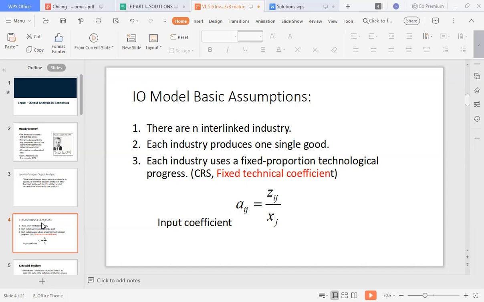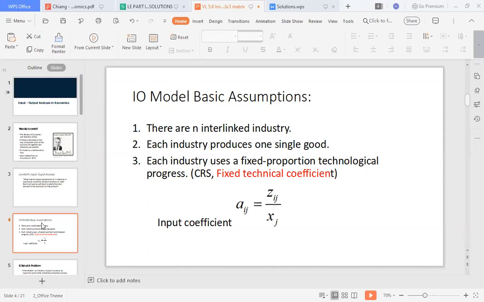But then again, we also acknowledge that in real data, we have subsectors, and each subsector would also produce a number of commodities. Which brings us to the second basic assumption of this model, that each industry will produce one single good. Now, this tells us that the n sectors and n kinds of commodities are in one-to-one correspondence, meaning that the ith sector will be producing the ith good, denoted by j.